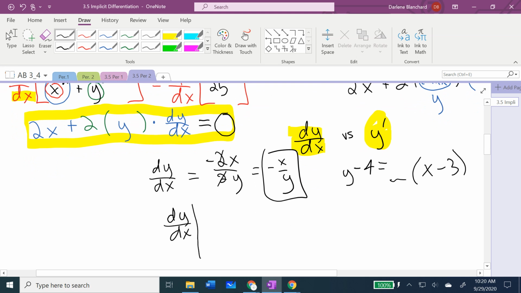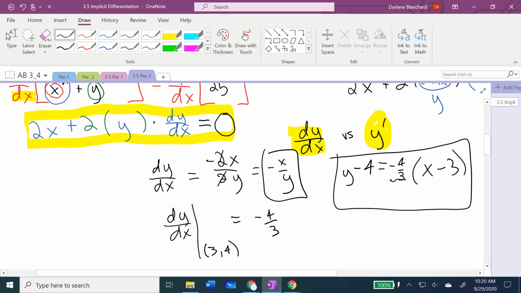If I want to explain that I'm taking the dy dx as a function and plugging in the point 3, 4, then I draw a line that goes down below it and put that point there on the bottom right of the line. Then you can say negative 4/3, and voila. And that's it. That's your tangent line.